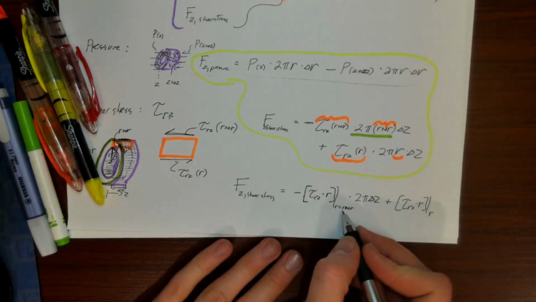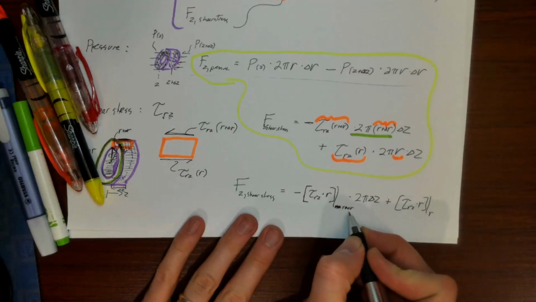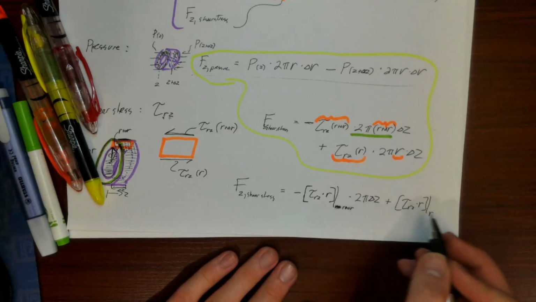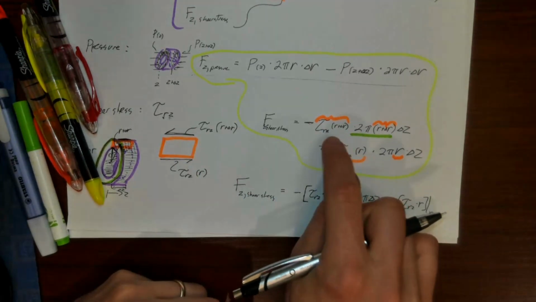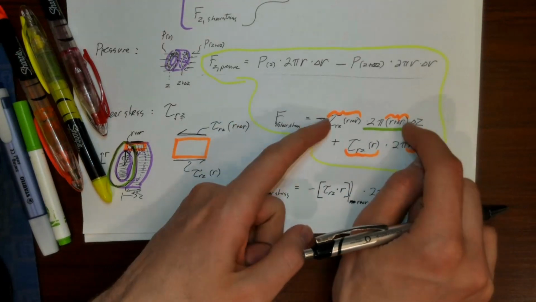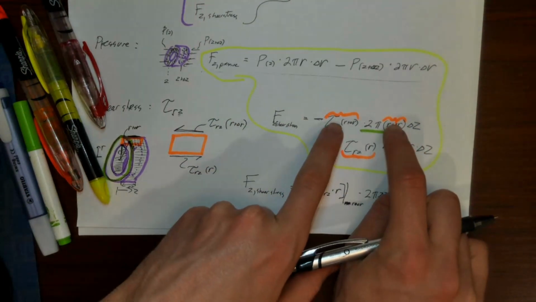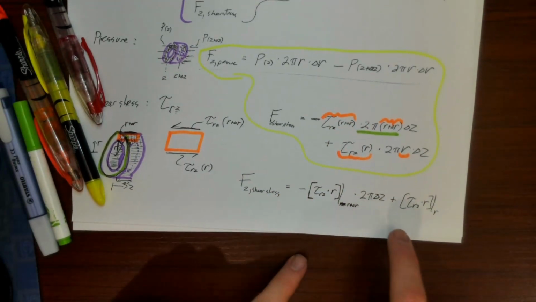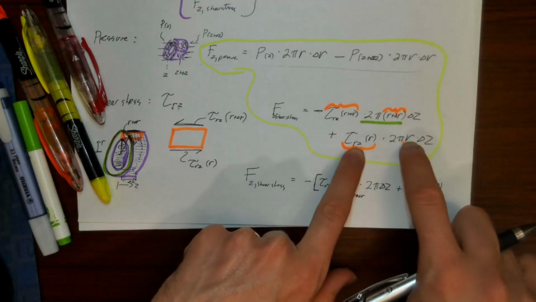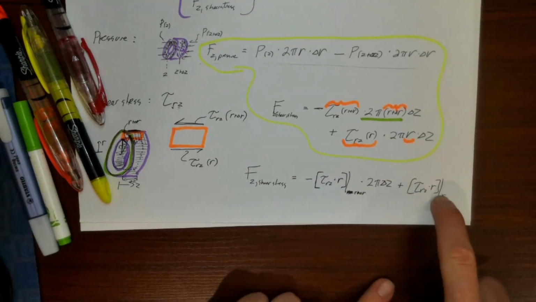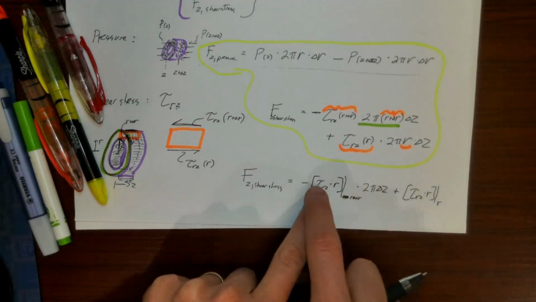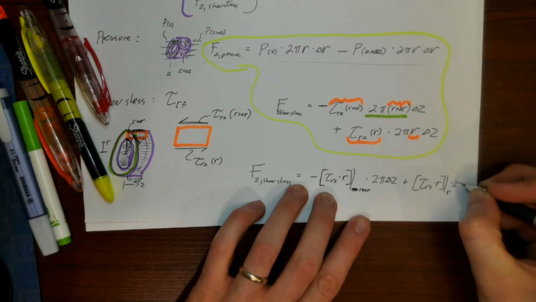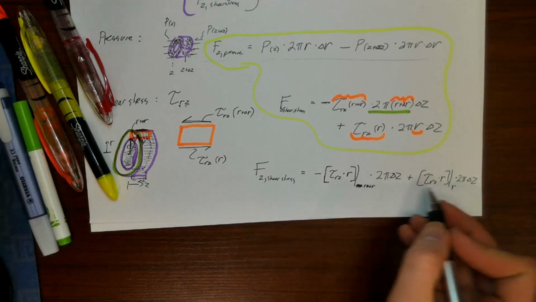So I could basically take this r plus delta r and plug it in for r, and plug it in for the shear stress at this position right here. Instead of evaluating these two things separately, I'm saying let's group r plus delta r and tau rz at r plus delta r together and evaluate that whole quantity at r plus delta r. And I'll evaluate tau rz at r, and r, as a whole quantity at r. If I evaluated this at r, I would get this thing here, and if I evaluated it at r plus delta r, I would get those two things here. And of course, I don't want to forget my 2 pi delta z that I also have for this term.